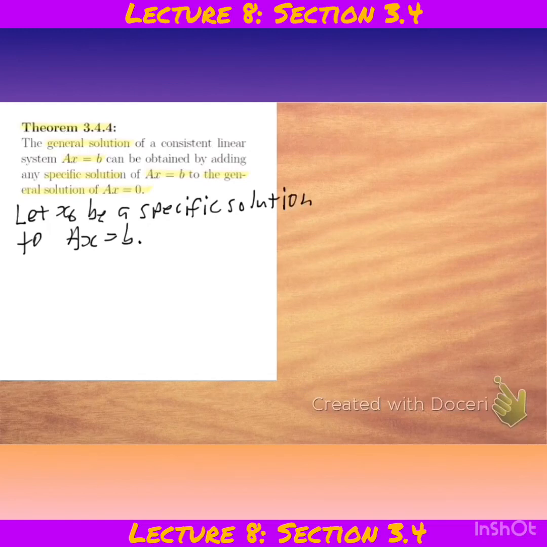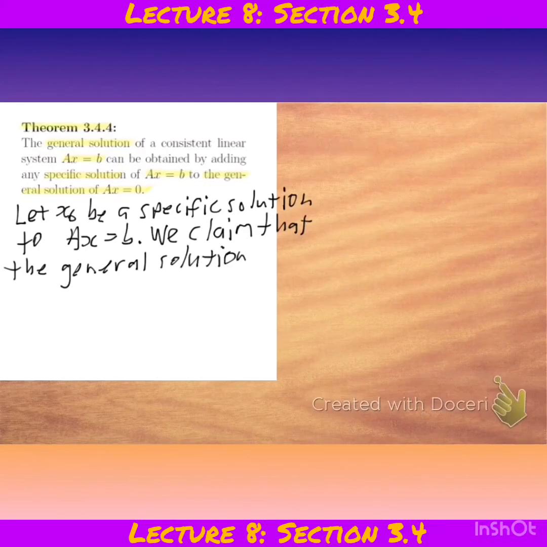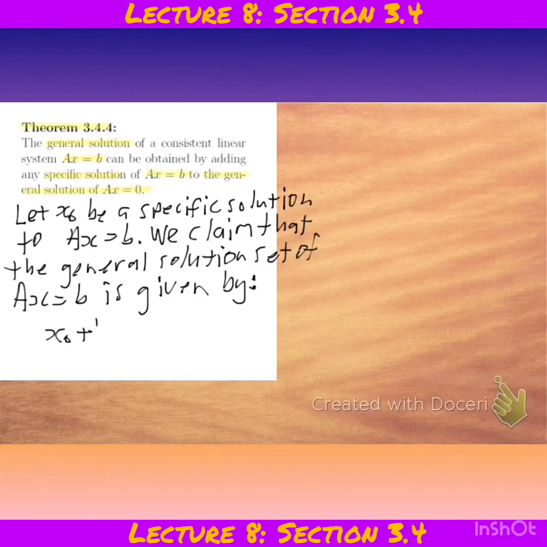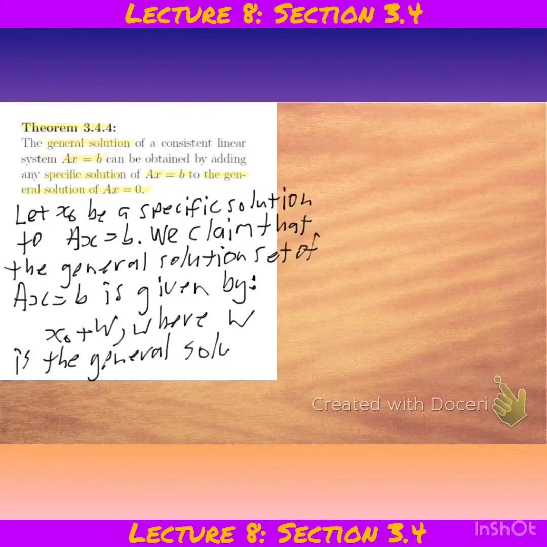So we claim that the general solution set of Ax equals b is given by this set, where W is the general solution set of the system Ax equals 0.